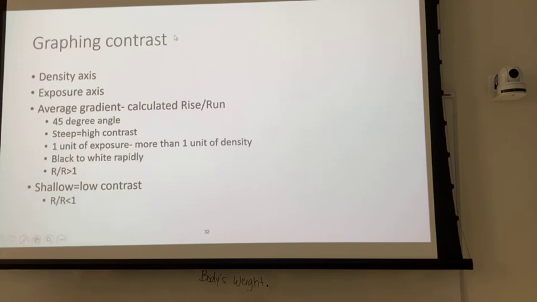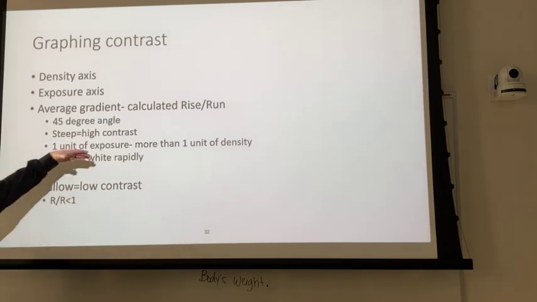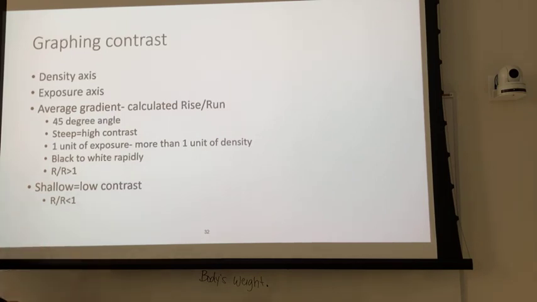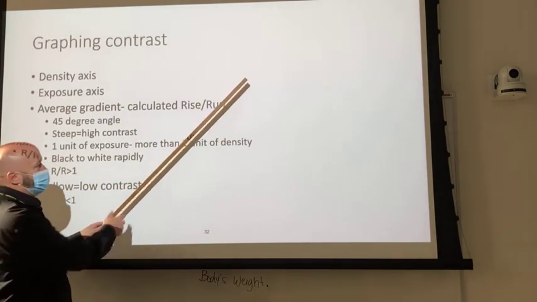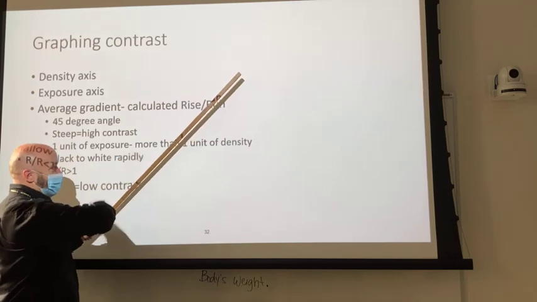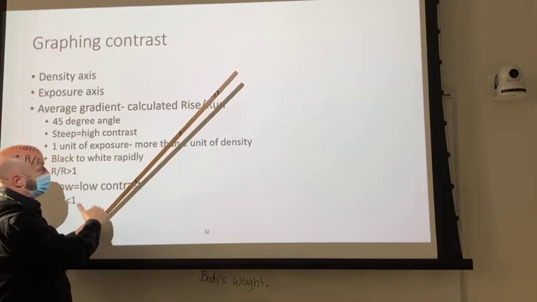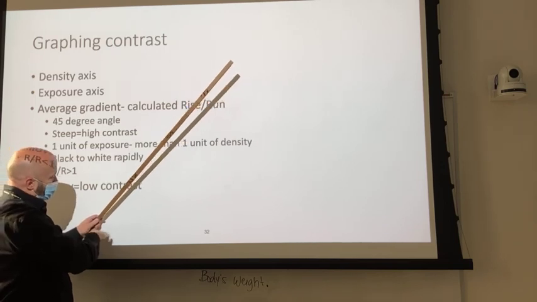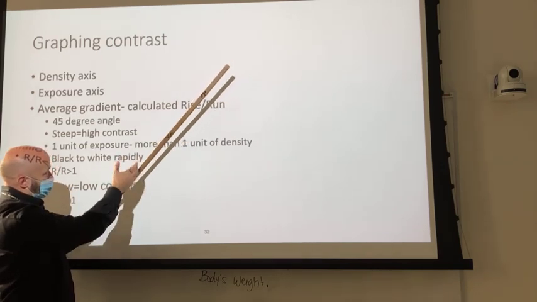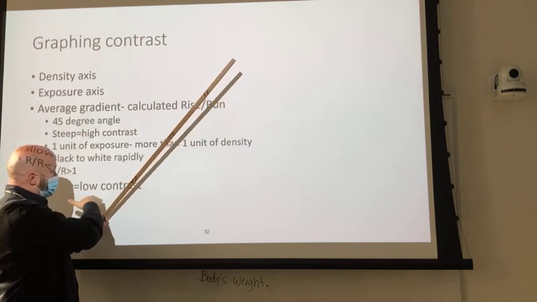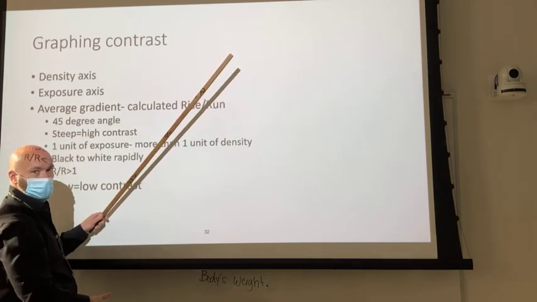All right, so it's just calculated if you ever run into a H&D curve question or average gradient, how it's calculated as rise over run. And what that means is you got 45-degree angle, that's rise, okay? Rise over run. So what that would mean is that you would divide how high this goes by how far out it goes, okay?